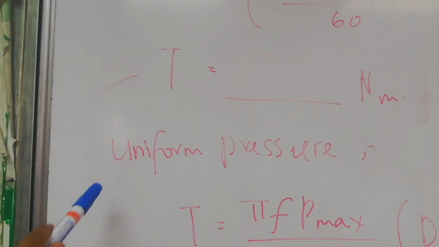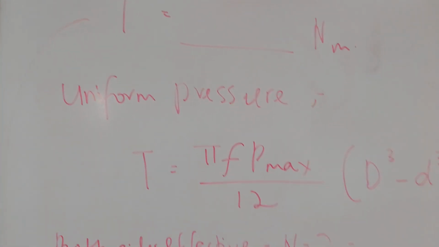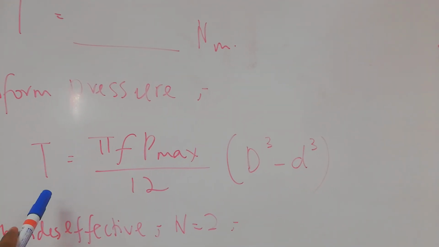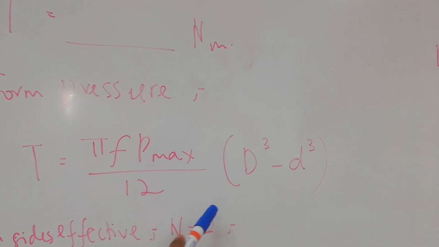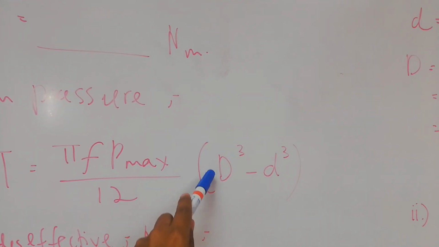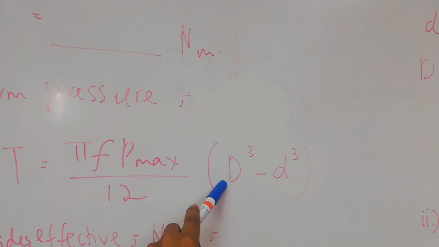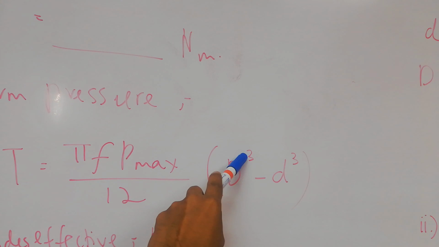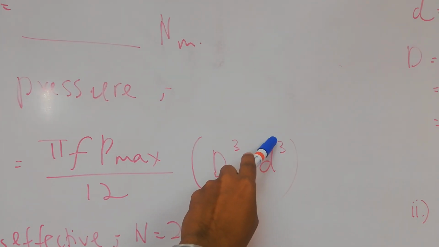And then by using uniform pressure as mentioned in the question, we use the formula for uniform pressure. Torque T equals pi f P max over 12 times outside diameter to the power of 3 minus small diameter to the power of 3.